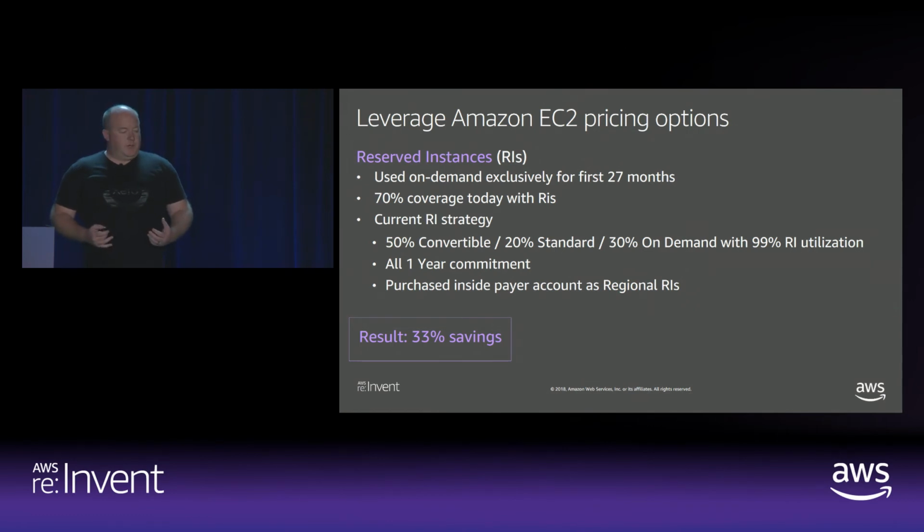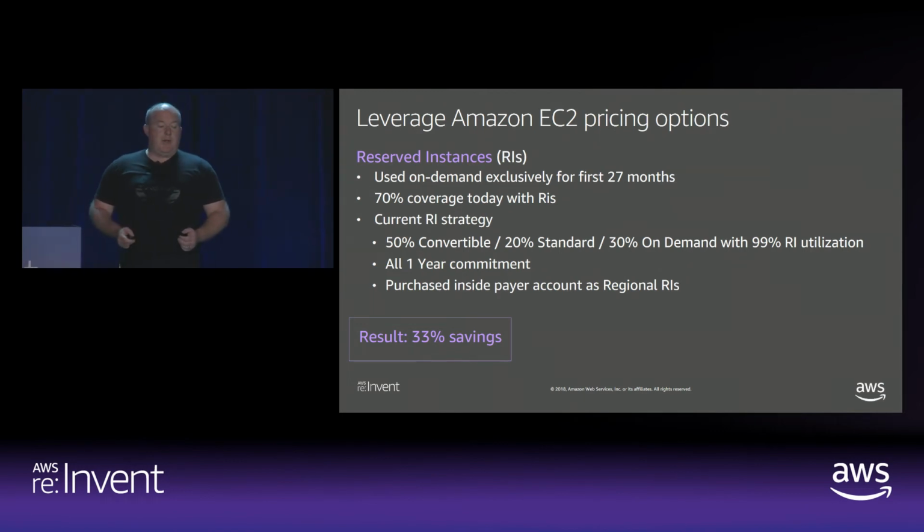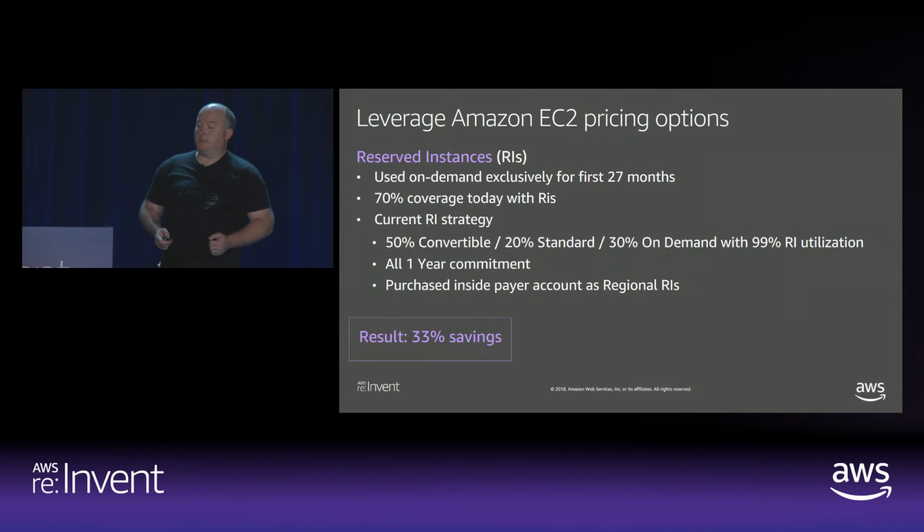Another thing that you should be considering is to leverage the different EC2 price options that Amazon has available. We used on-demand exclusively for the first 27 months in AWS, and we now have a 70% coverage today with reserved instances.